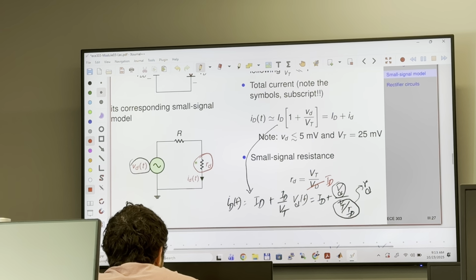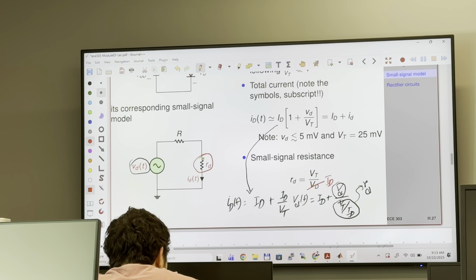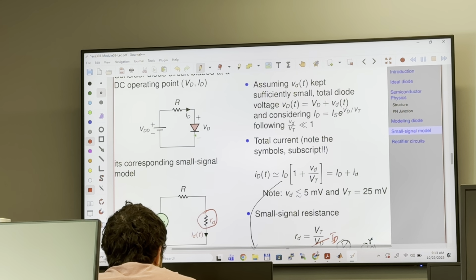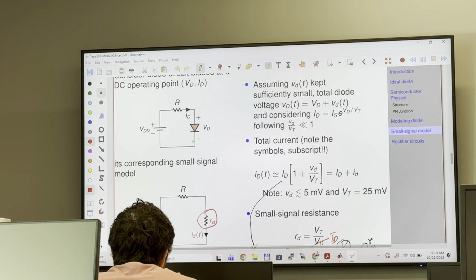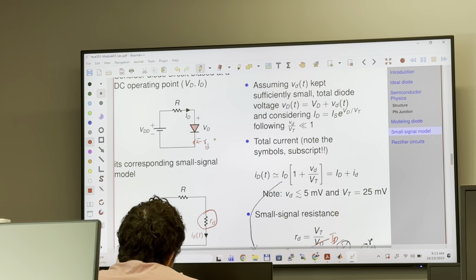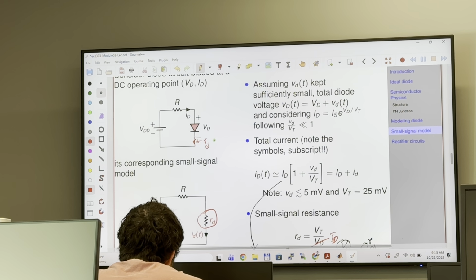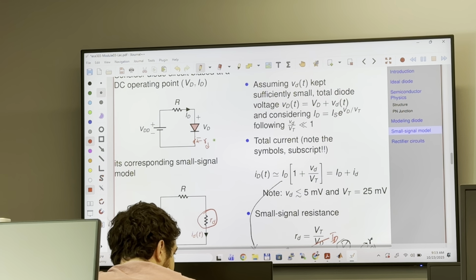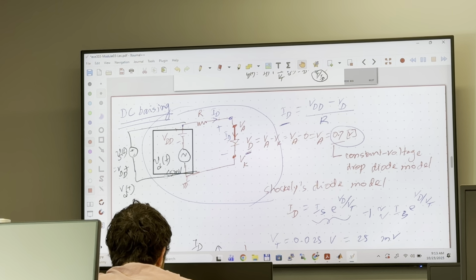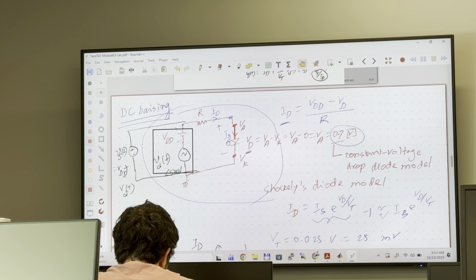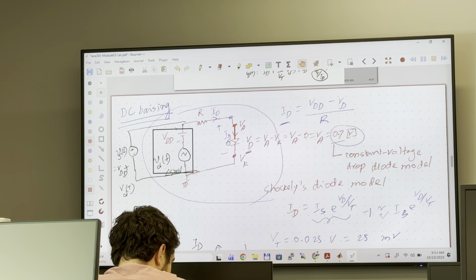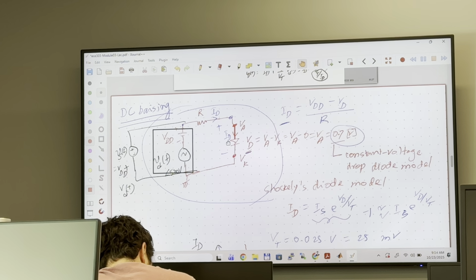So this small signal resistance is present in this diode. You don't just think of this diode itself; there is a small resistance connected to this. So this is r_d. And we need this r_d in the next example. So now we know how to model this diode using small signal. We see the small signal resistance is present, and small signal current is also present.